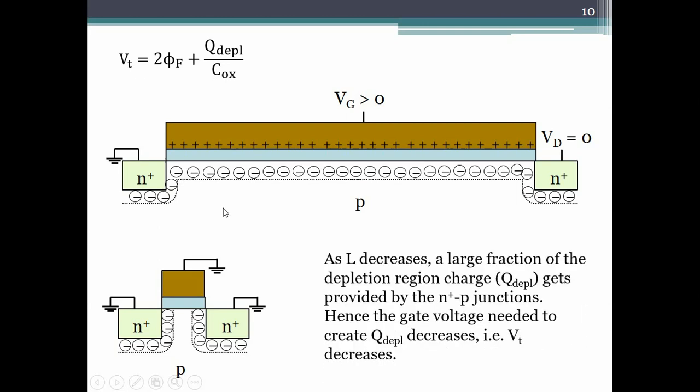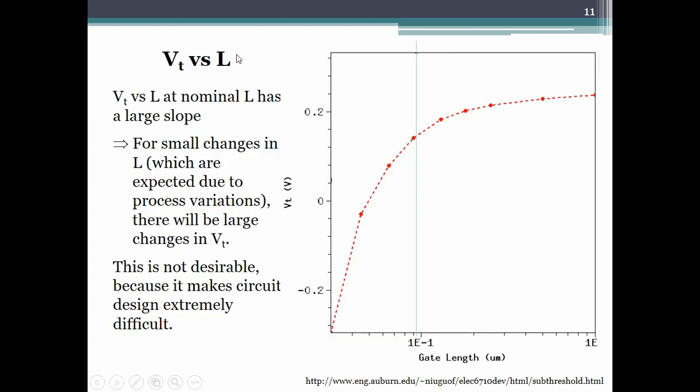So what that means is that as L decreases, a smaller and smaller fraction of the depletion layer charge needs to be created by the gate voltage, and therefore the threshold voltage decreases as a function of the channel length. This is an observed phenomenon, and this was actually noticed probably about 30 years ago.